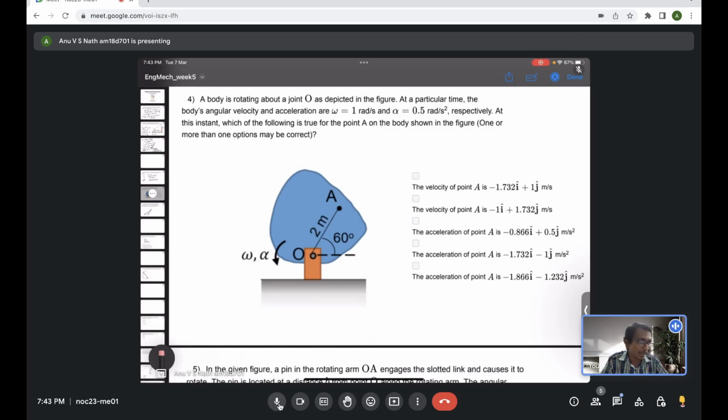So it should be along this line, and according to the direction given in the figure, both omega and alpha are acting, the angular velocity and acceleration, both in the counterclockwise direction. As a result, intuitively you can think the velocity of A arrow will be in this direction. So this will be the velocity vector.